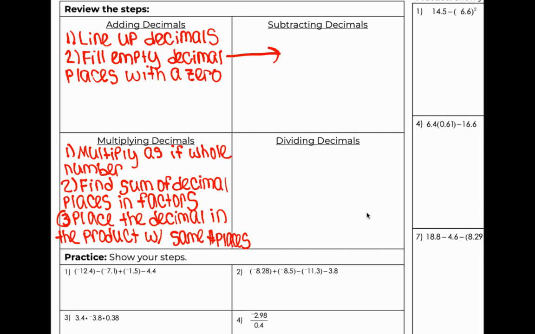Okay, division. So when you're dividing, you need to make the divisor into a whole number by moving the decimal. So you move decimal to the right. Okay, then you're going to move the decimal in the dividend the same number of places.